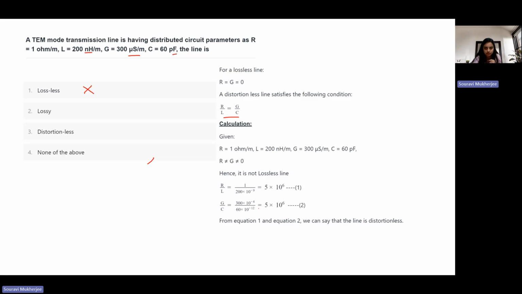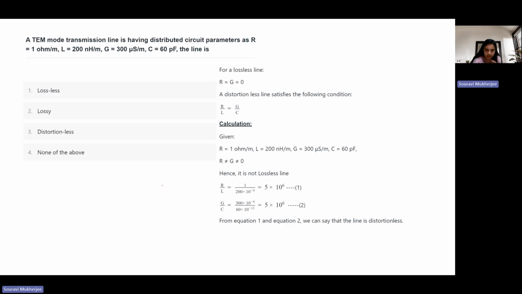If you take the ratio of the two, you see that they match. So that tells us that this is a distortionless line, and this is also true. These are very straightforward, just to recap the different relations and the associated types of transmission lines.